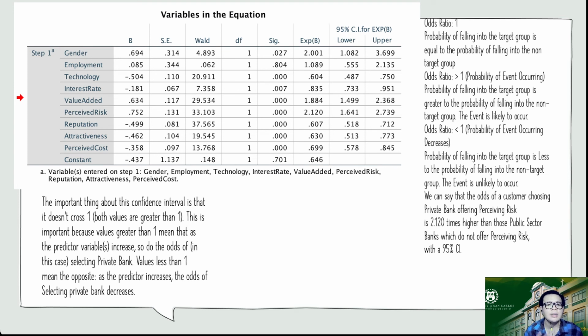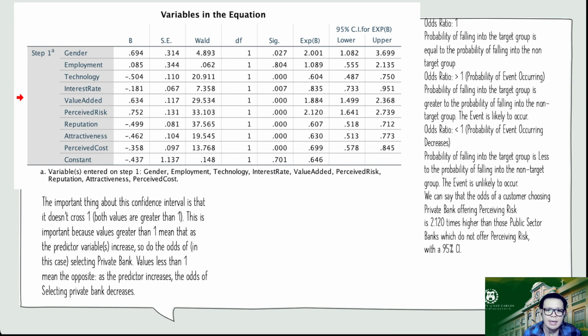And when the odds ratio is lesser than 1, okay? If it's lesser than 1, the probability of the event occurring decreases. So what does this mean? The probability of falling into the target group is less than the probability of falling into the non-target group.